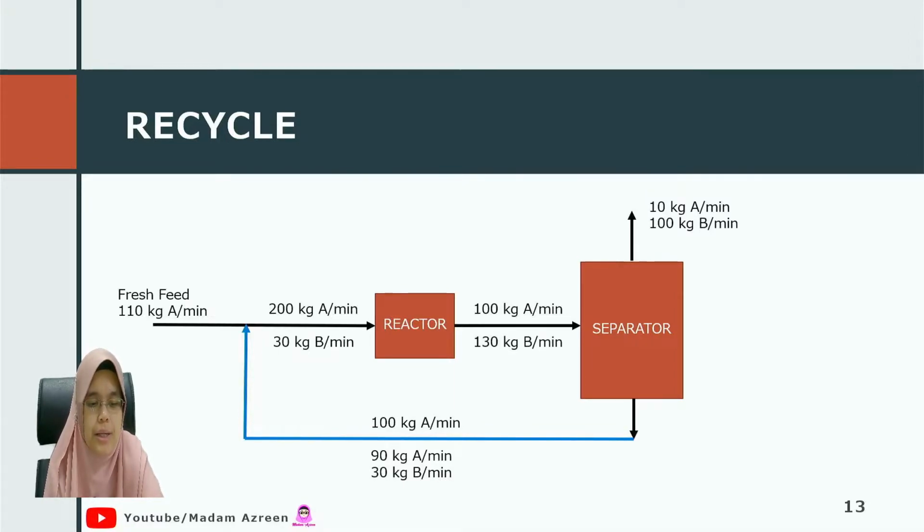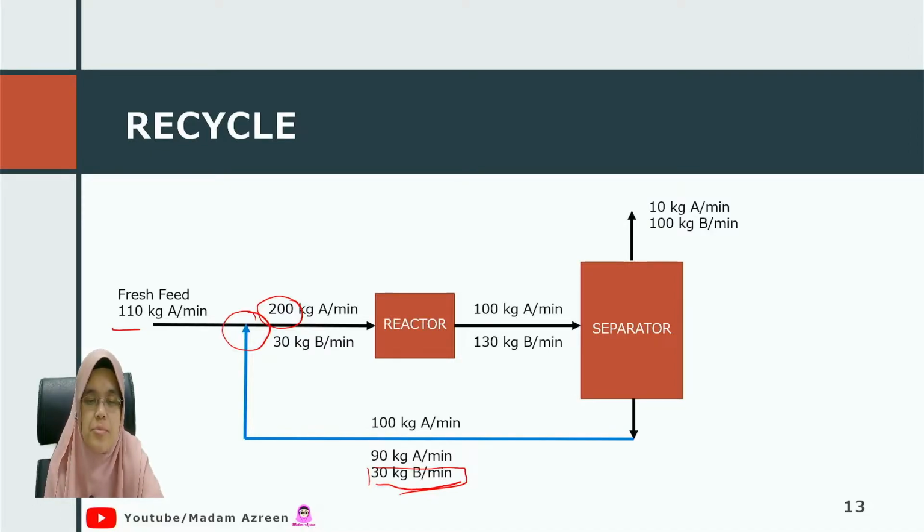Okay, let's say you have 110 kg of A going into a reactor, and here you have an additional amount from a recycle stream, and this A becomes 200 kg before it goes into B. And as you can see here, there is also B, which is a product, included, because this separation also is not 100%.